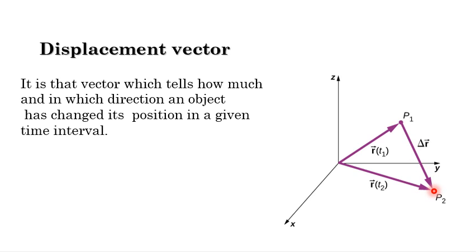This is my displacement vector, which is denoted by delta r vector. And what is delta r vector? I can also write it as the difference of position vector at time t2 minus the position vector at time t1. Right? It will be more clear when we solve some numericals based on this topic.